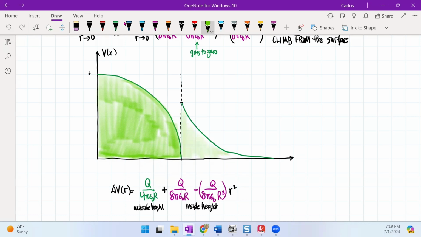And you know, that green's going to really cause problems, so I think I'm going to change the color just so that I can separate it. I'm going to make this yellow instead. So what I know here is that right in here, we're talking about outside the surface.